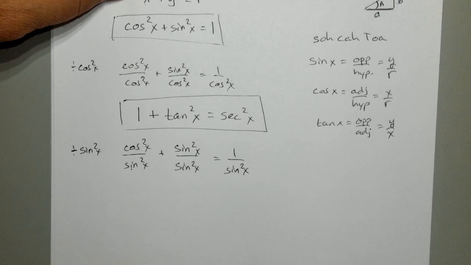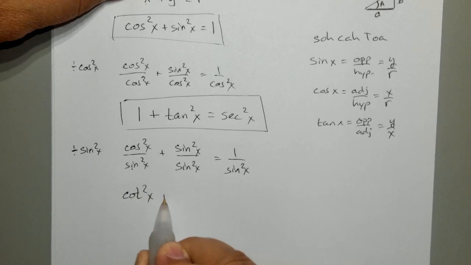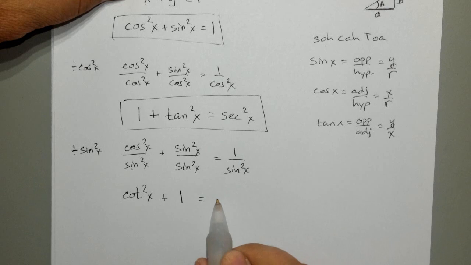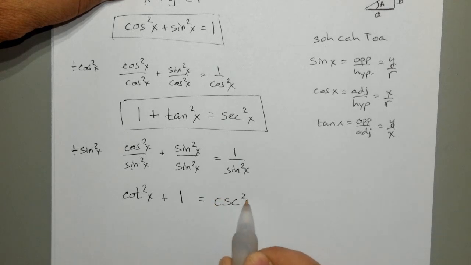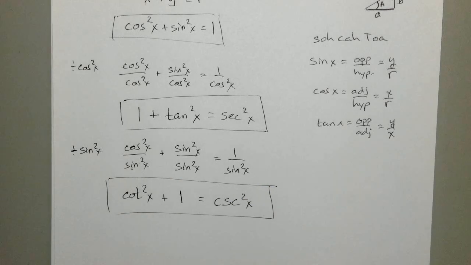Cosine over sine is cotangent, since it's squared. Sine over sine is 1. 1 over sine is cosecant squared x. And that's our third identity. And I'll show you the beauty of these in a little bit.